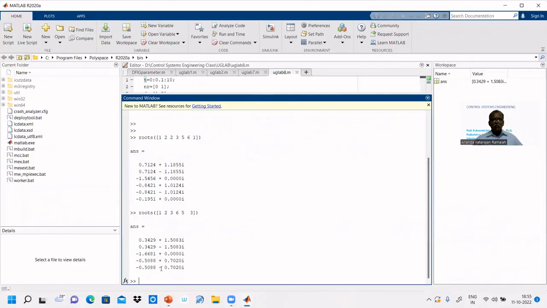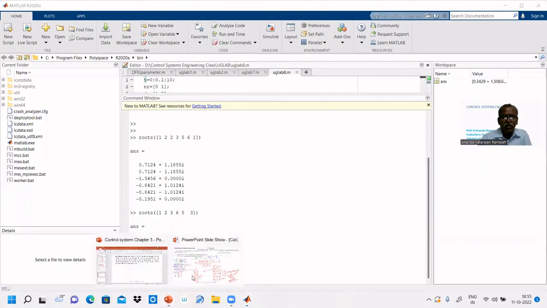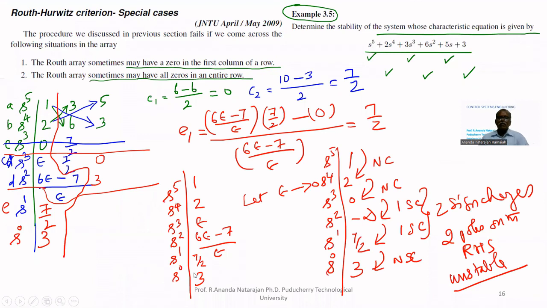Only 2 roots have positive real part. Therefore, 2 roots on the right hand side. So what we found in the Routh array is correct. 2 poles on the right hand side, therefore unstable.